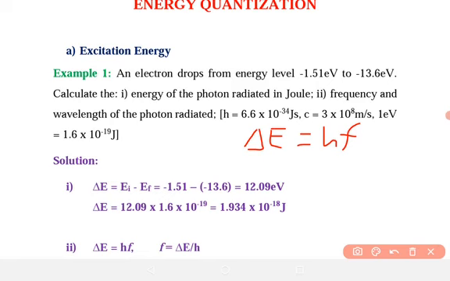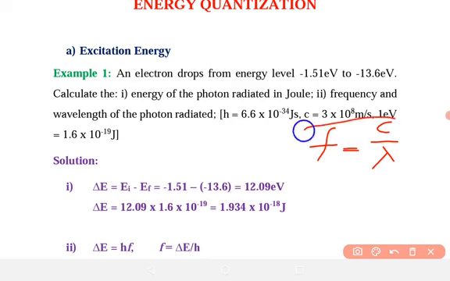And in this formula, h represents the Planck constant, and whenever it is needed, it will be given, as you can see in the bracket here. f here represents the frequency. And from the wave equation, this frequency is also equal to c over lambda. In this one, c represents the speed of light, while lambda represents the wavelength.